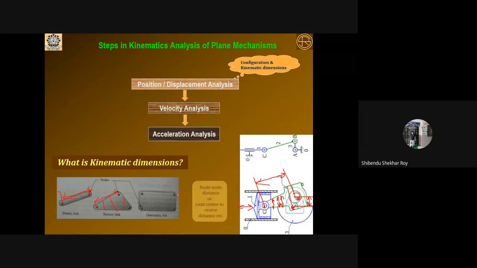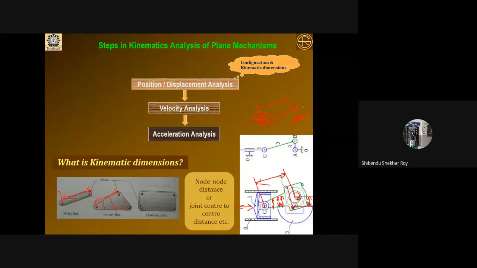So this node to node distance, or the joint center to center distance in case of a binary link, is known as the kinematic dimension, and that is why you have to draw the kinematic dimension in this way. This is your crank, then rotary, then connecting rod, rotary, and like this you draw it. The length from here to here, node to node distance, is important, and that dimension is known as the kinematic dimension.